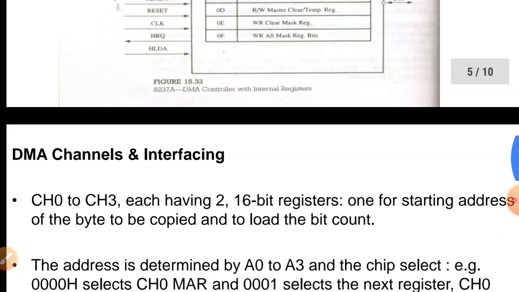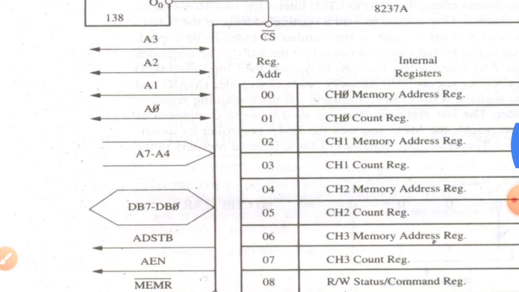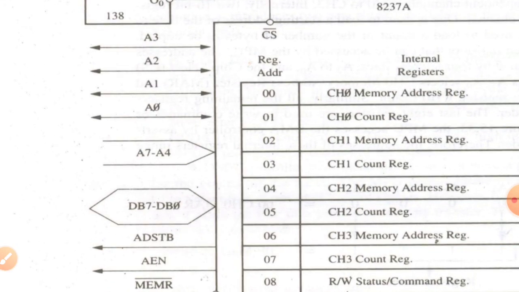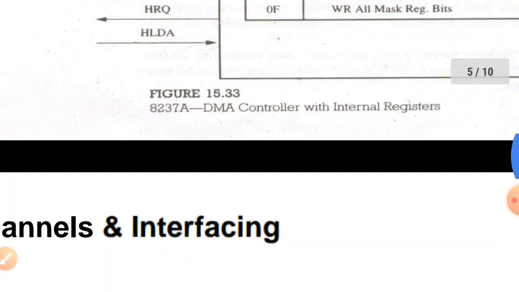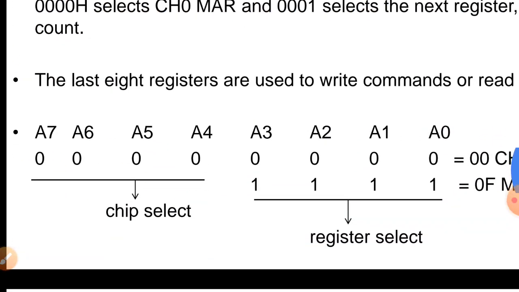Bidirectional line means that at one time it is used to select the individual registers in the 8237, and at another time it is used to send the address. That is why these signals are bidirectional signals in case of the 8237.